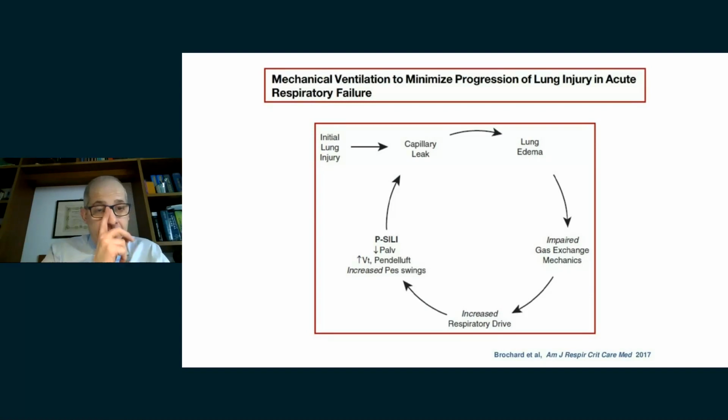So, what happens in patients admitted to intensive care with acute respiratory failure or with the most severe form, ARDS? The lung is characterized by pulmonary inflammation and an increase in lung edema.